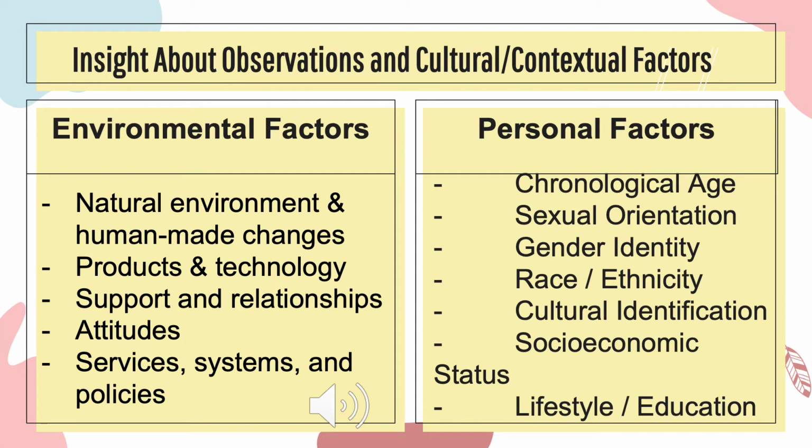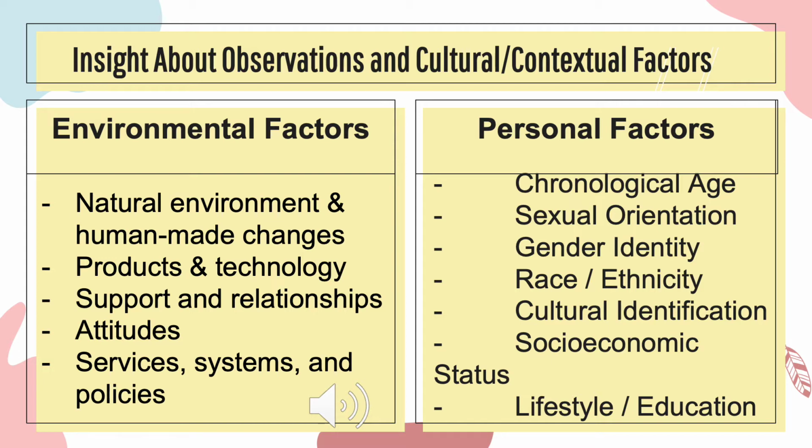Insight about observations and cultural contextual factors. So you have environmental factors and personal factors. The environmental factors include natural environment and human-made changes to the environment, products and technology, supports and relationships, attitudes, services, systems, and policies.